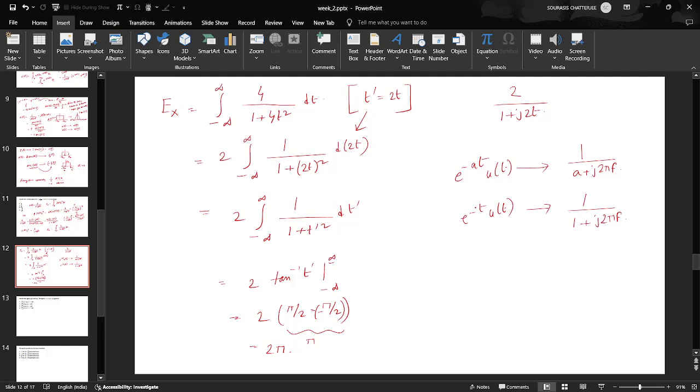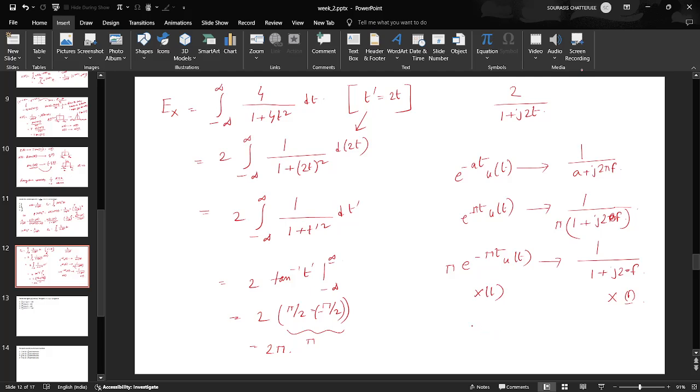Let us just make e to the power minus pi t, then we'll have pi times 1 plus this. So basically if I have e to the power minus pi t u(t) times pi, I will have this Fourier transform 1 over 1 plus j 2 f. So this is x(t), this is X(f).